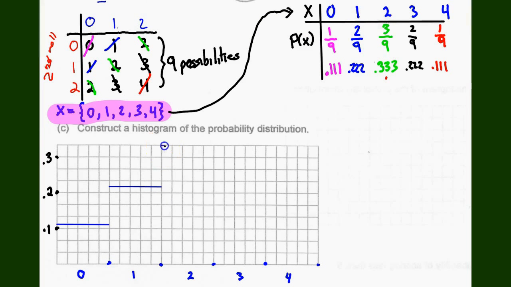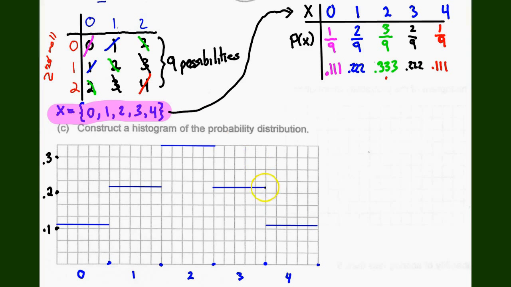That's the very top. Okay. And for 3, we have back down to 0.222. And lastly, there we go.